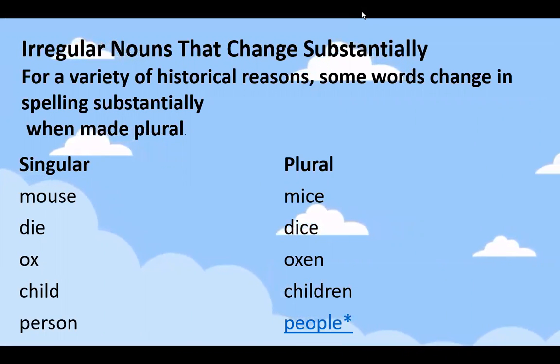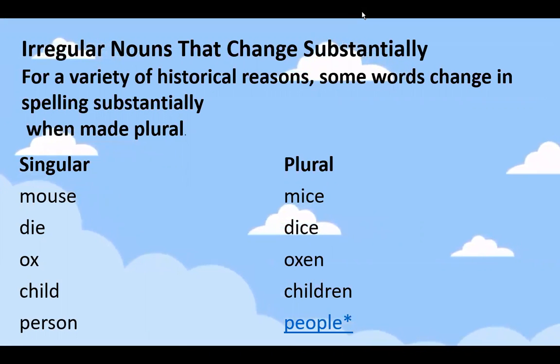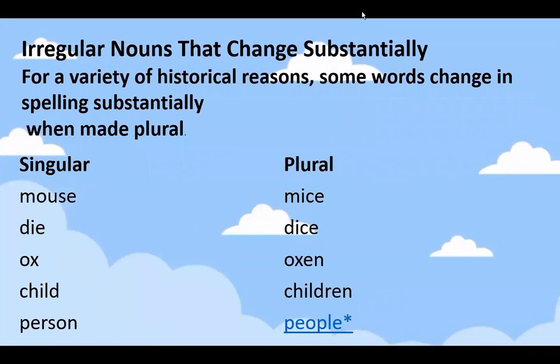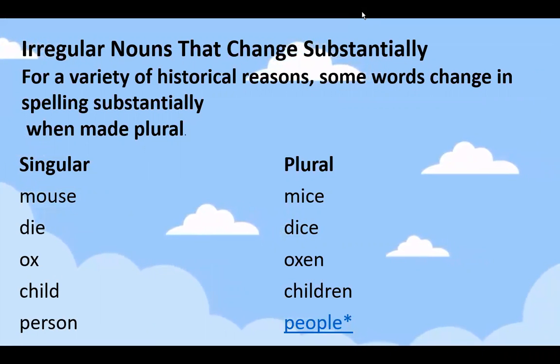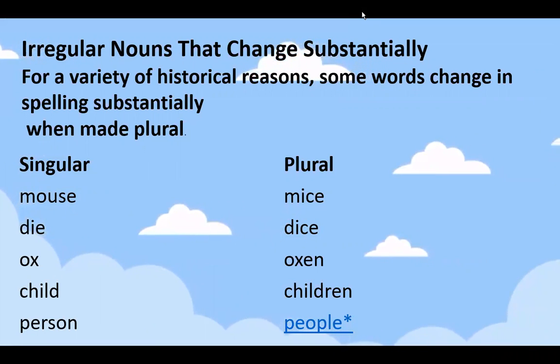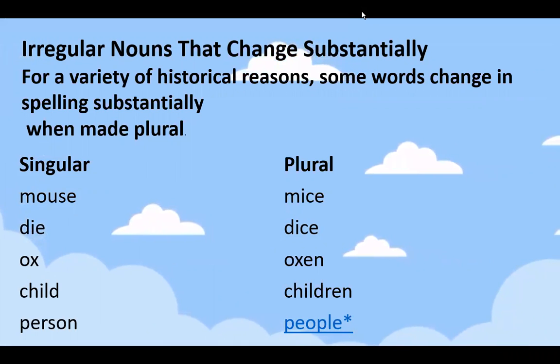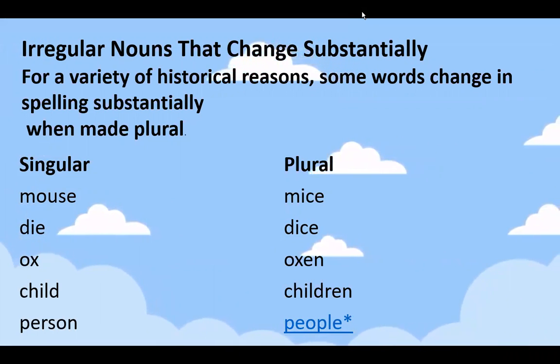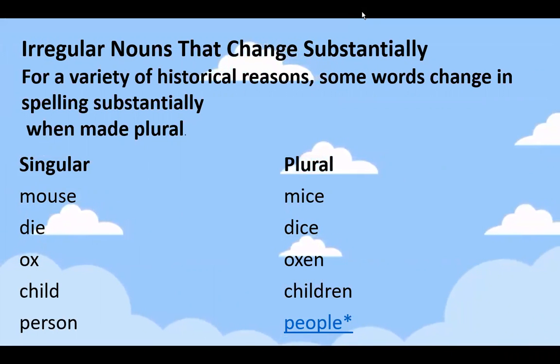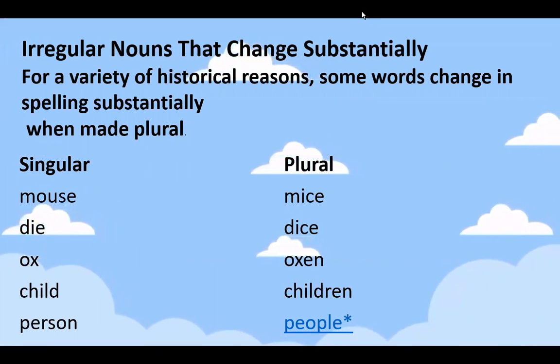Irregular nouns that change substantially for a variety of historical reasons. Some words change spelling substantially when made plural. Say, for example, we have the singular noun mouse, and the plural noun will become mice.